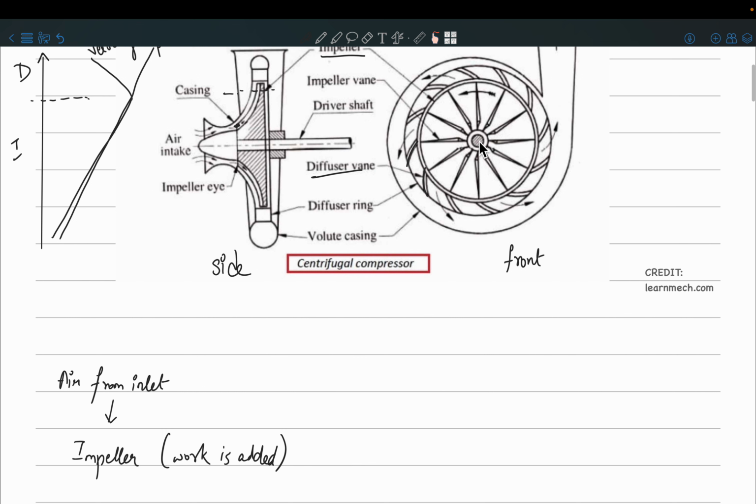How does the air come and hit the impeller, and how is it directed? So obviously the air has to go from impeller to diffuser, so it is going to move in this direction, radially outwards, right? But when the air is being taken in, is it taken radially inwards or outwards or axially? How is it taken?